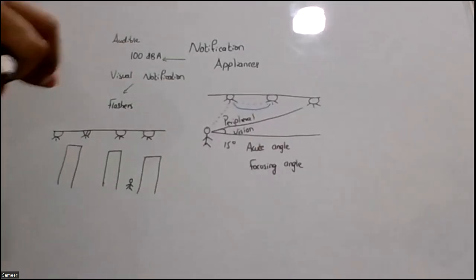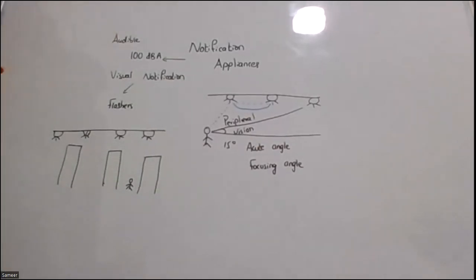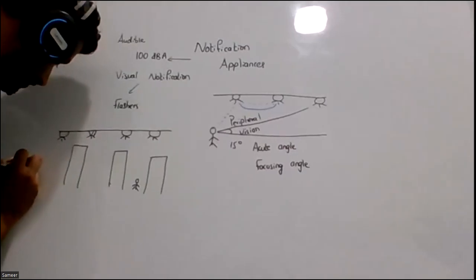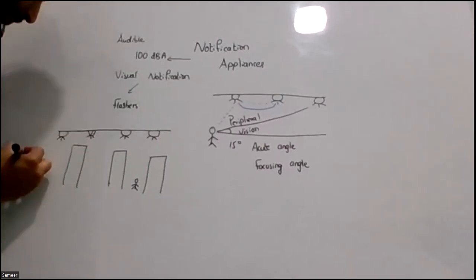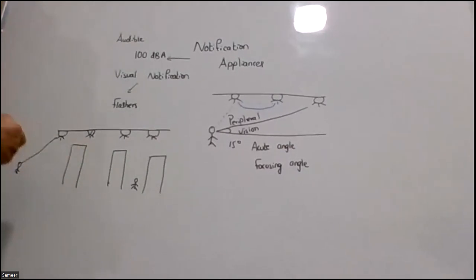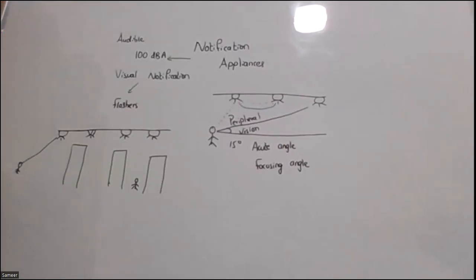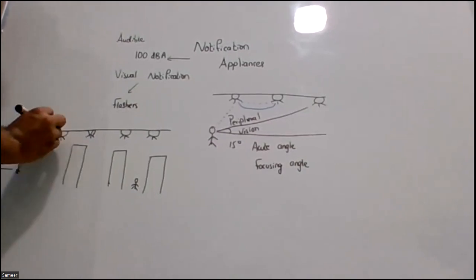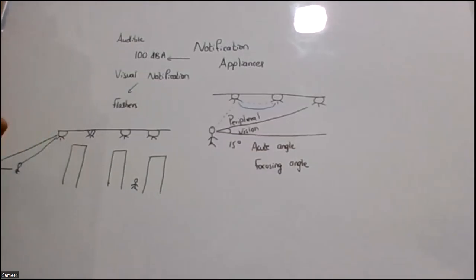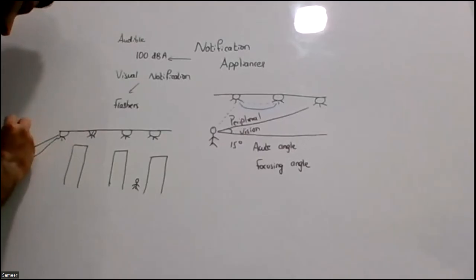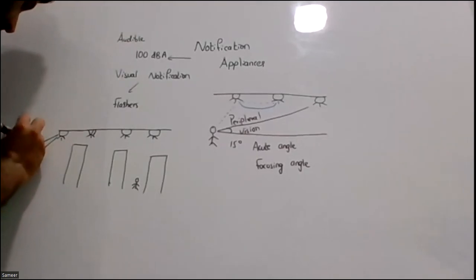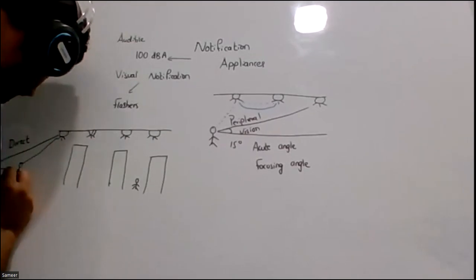He cannot have direct access to the acute angle, right? If a person is somewhere here, he can have a peripheral vision here, but a direct access is not available. So if the person changes his position to a specific distance, this angle can come into the acute angle, and that can be considered direct signaling.